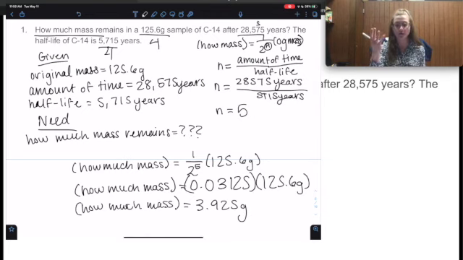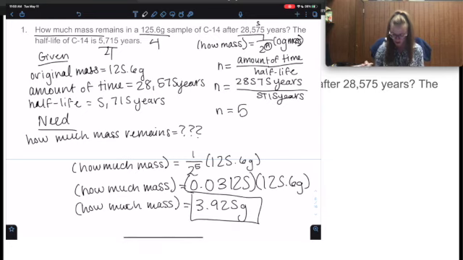So I'm going to go for 4 sig figs. 1, 2, 3, 4 sig figs in my answer. So I'm going to call it good. My answer is 3.925 grams remains in this sample after 28,575 years. So that's our first example.